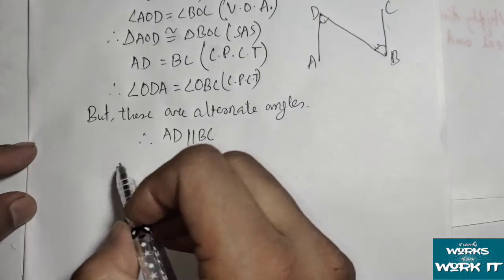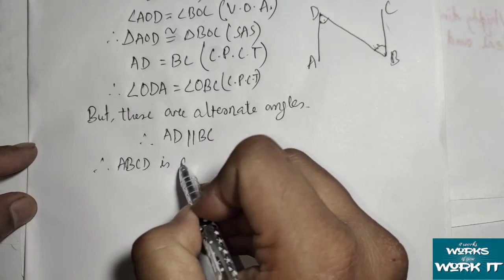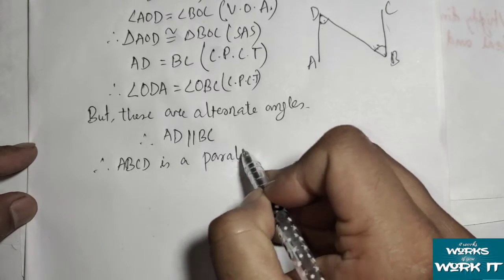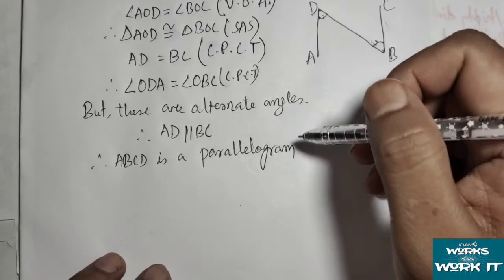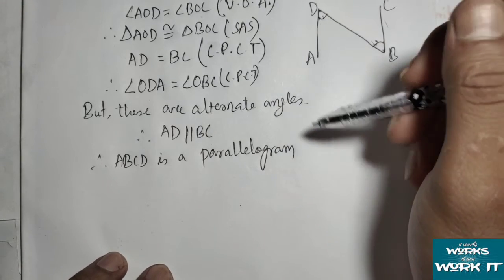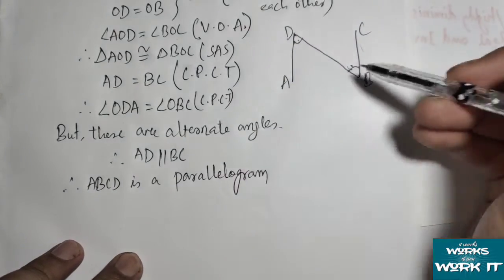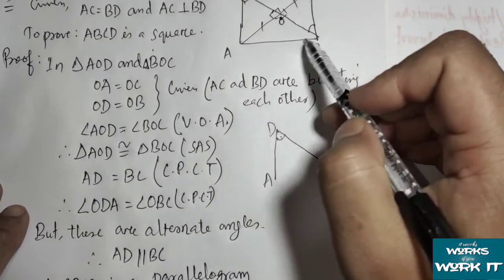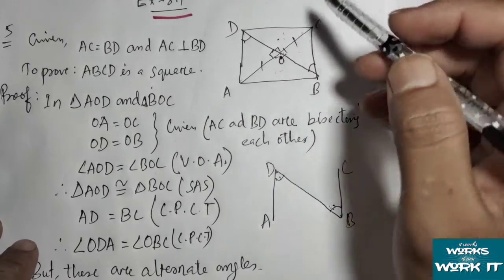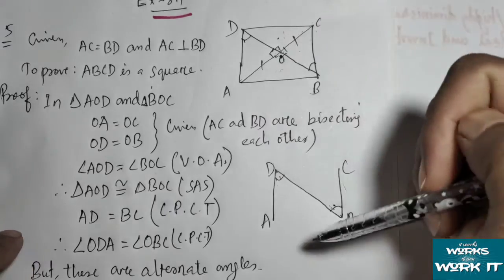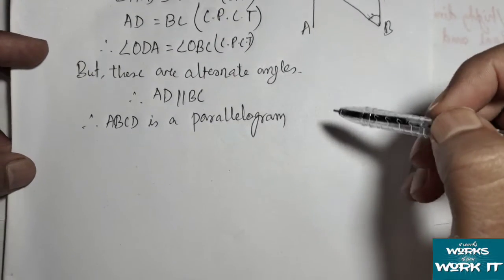Due to this property, we can say that ABCD is a parallelogram. In a parallelogram, what happens? Opposite sides are parallel. The way we have shown AD parallel to BC, we can show AB is parallel to CD by taking these two triangles also. Okay, so no need to take these triangles. So AD is parallel to BC, therefore ABCD is a parallelogram.